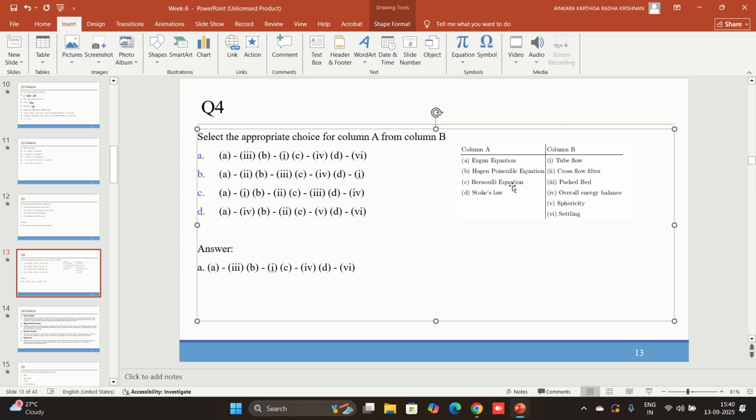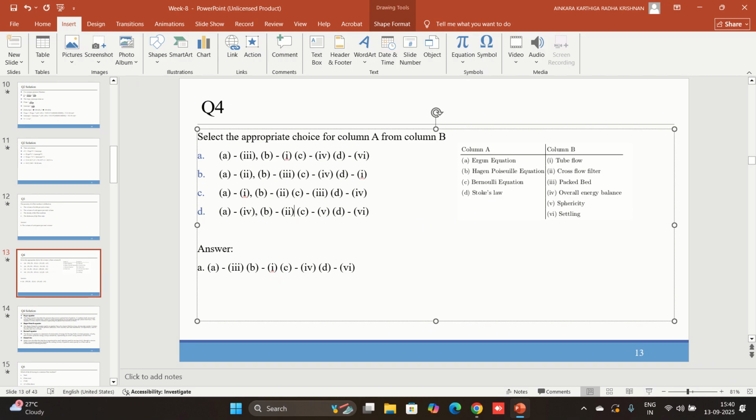So the answer we have discussed: Ergun equation is for packed bed, A3, B1 and C4 and D6. So answer is option A. So this is matching with our answer. So answer is option A. In the next slide we will see more about it.